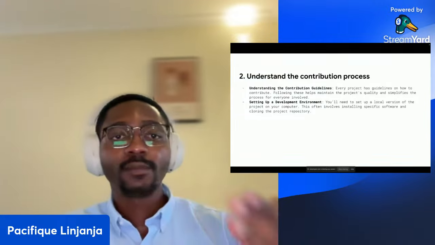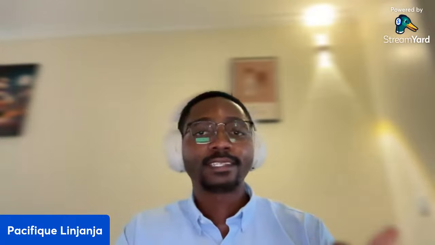Once a maintainer accepts that you can work on it, they will assign the issue to you and you start working on it. After working on that, you create a PR, and after creating the PR, you receive code reviews. After a series of code reviews, you can get approved and your PR will be merged.